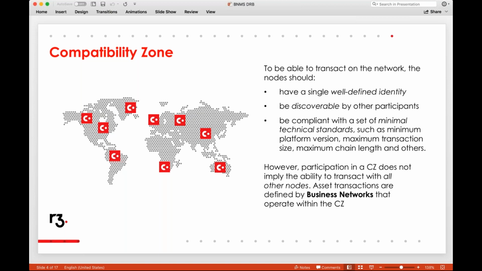Today's session is really more about business networks, which is a layer on top where you can add your own notion of an ACL. You can restrict who can take part in your business network. So just because you're in the same zone as another group of companies doesn't mean that your software will automatically trade with them if they send you the right messages.